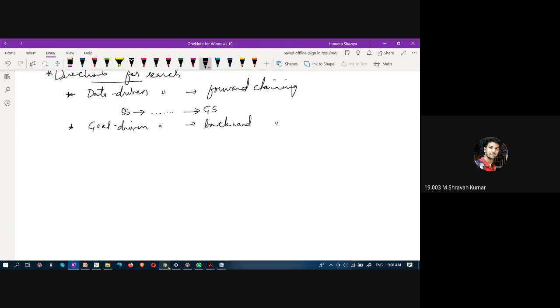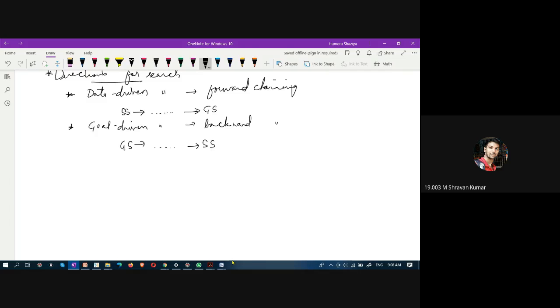Here we need to specify the goal, ma'am, or otherwise it will take the required statement depending on the query. Is it possible from the goal state to the previous state, the initial state? Yes, exactly. Very good. Here we start at the goal state.